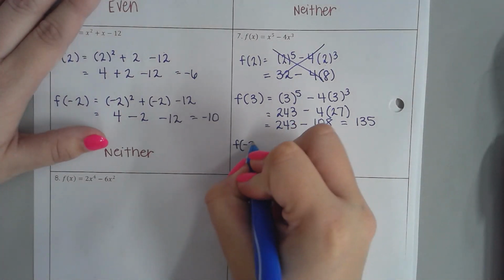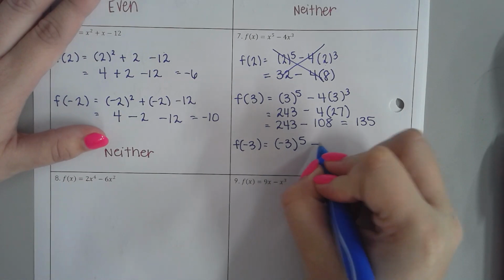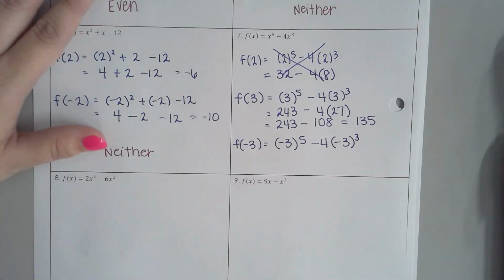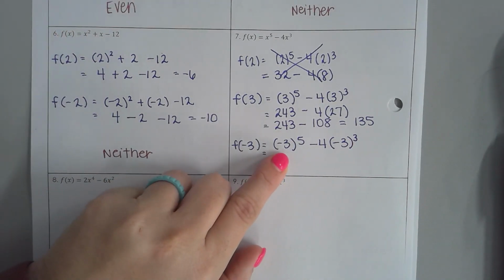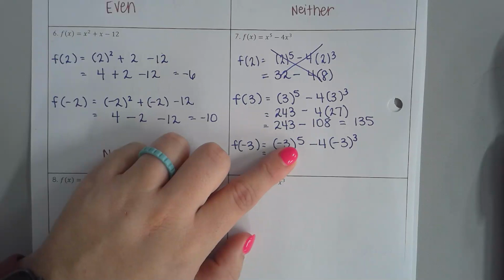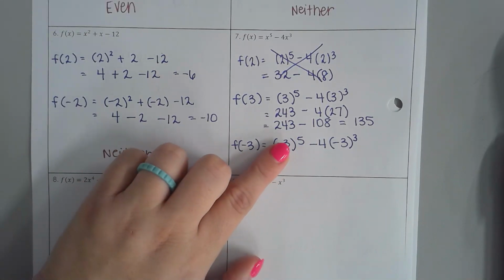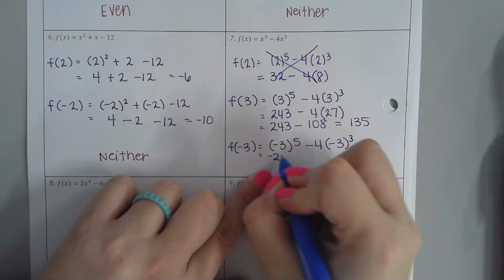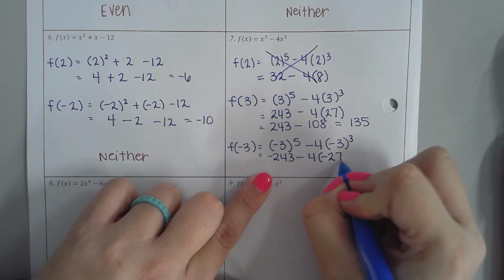F of negative 3: negative 3 to the 5th, minus 4 times negative 3 cubed. Negative 3 to the 5th, when you raise to an odd power, your answer is negative. So it would be negative 243, and this would be negative 27.